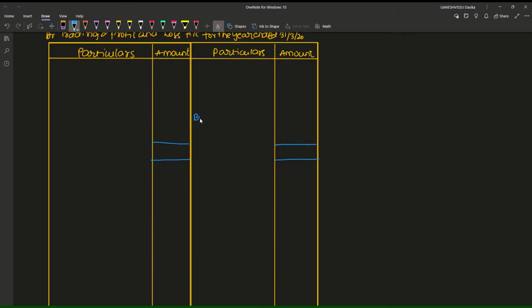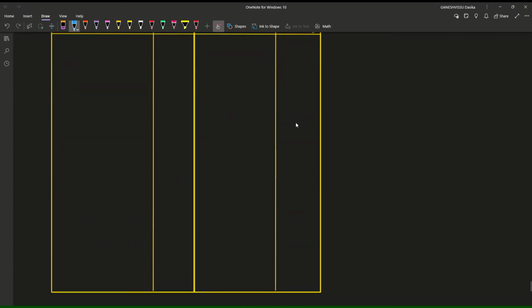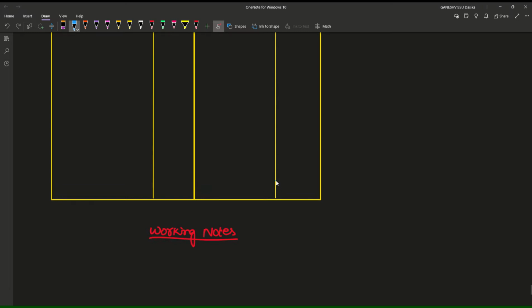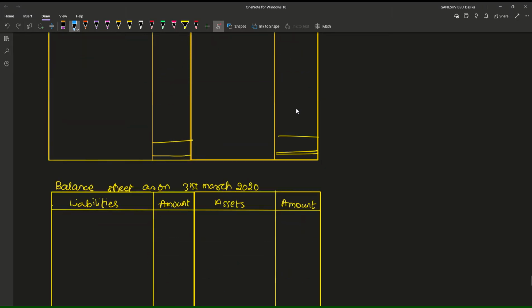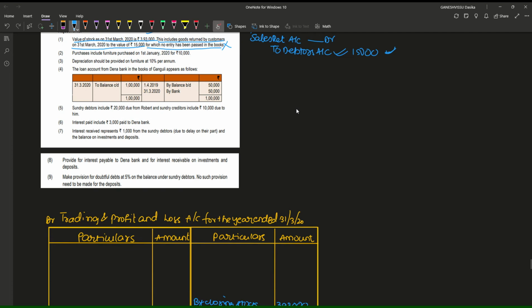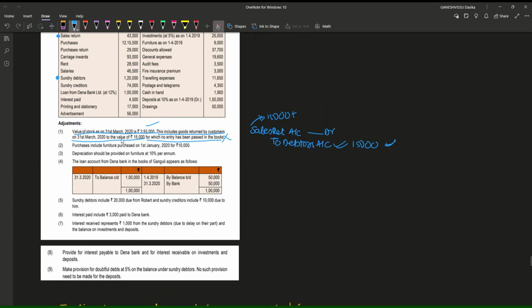Here we write by closing stock 3,93,000, and in the balance sheet let us also write the same value. Here we have the total of the balance sheet, so I am writing closing stock 3,93,000.